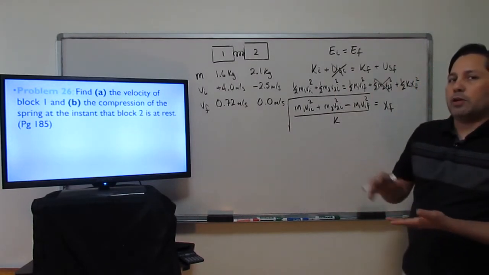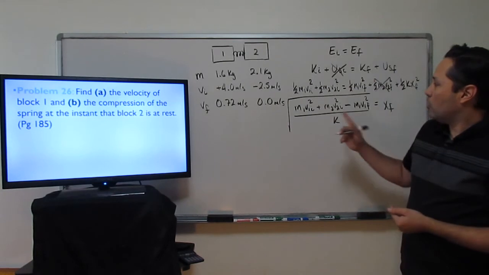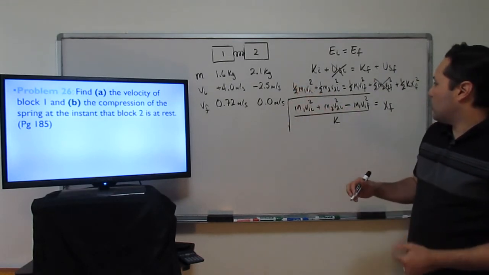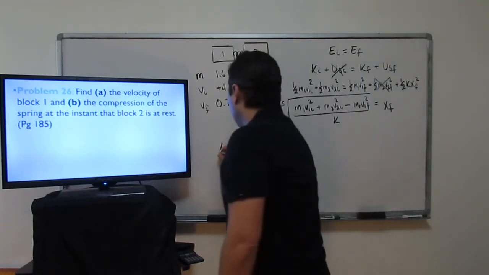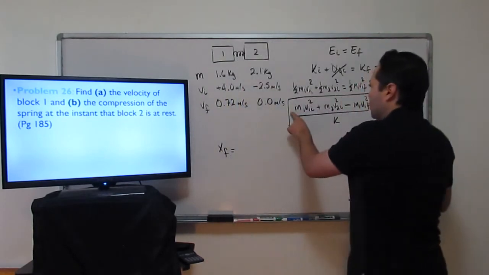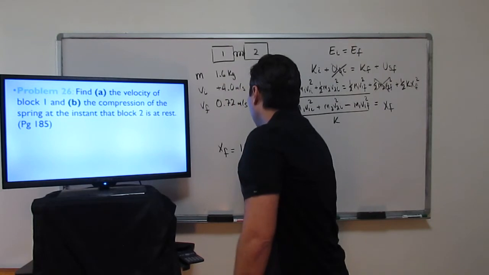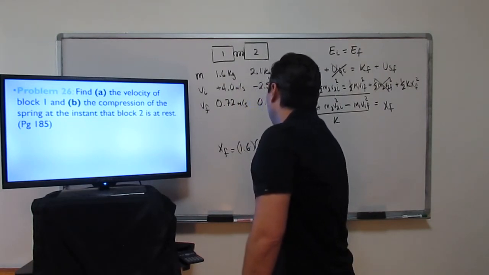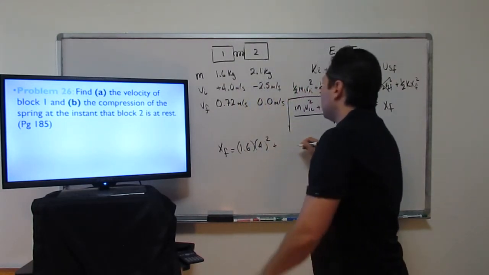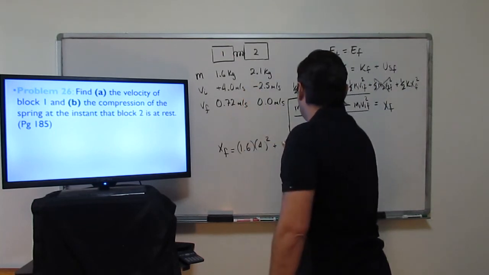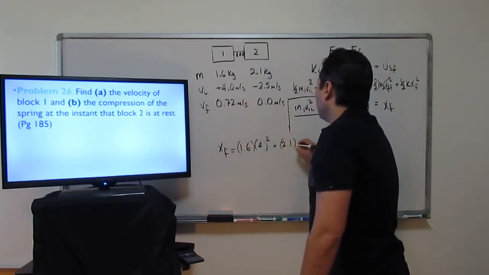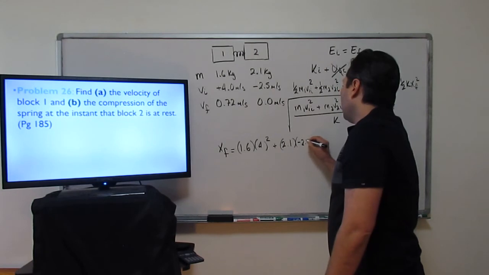Now we can go ahead and plug in the values. Alright, so values we have right here. Let me restart the formula over here. I'm going to substitute all these values in. It's going to be m1 v1, so 1.6 multiplied times 4 meters per second squared, plus m2 v2, which is 2.1 multiplied times negative 2.5 squared.